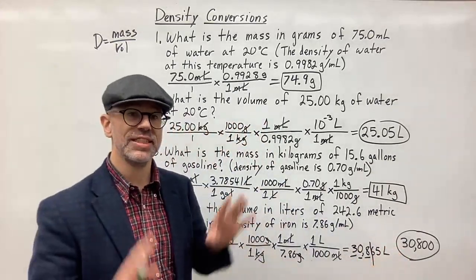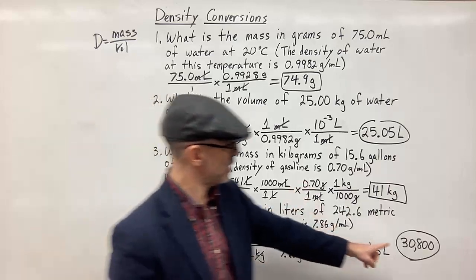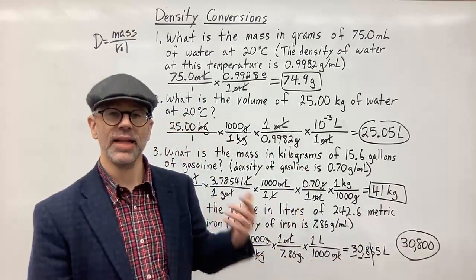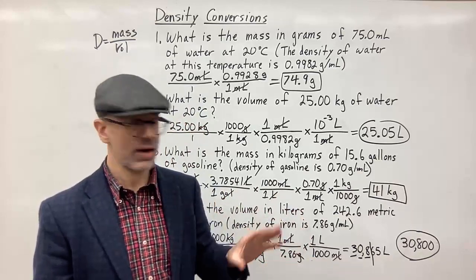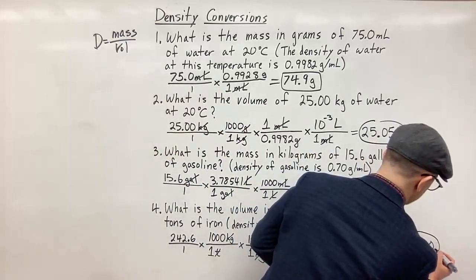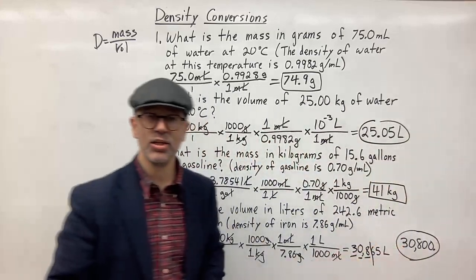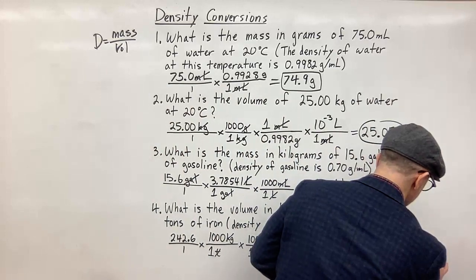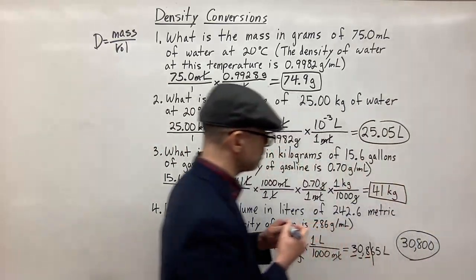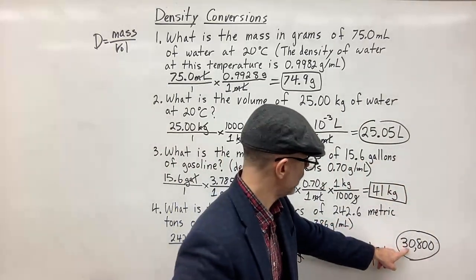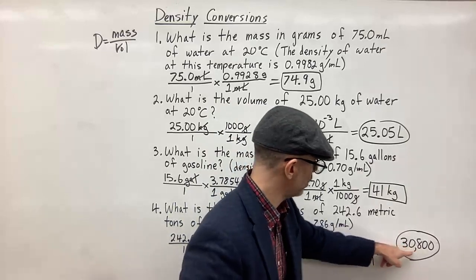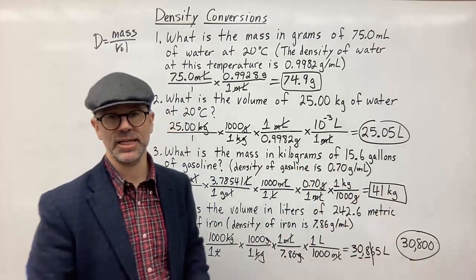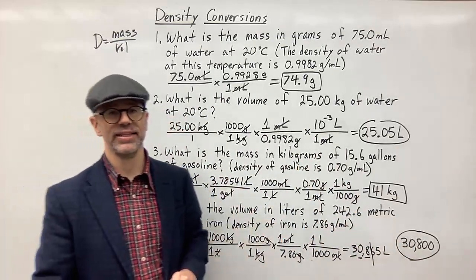And notice it's still 3 sig figs because the zeros at the end of the number do not count unless there's a decimal place. So you don't want to write a decimal place. If I put a decimal place there, I still have 5 sig figs, but we don't want the decimal place. So if I take away the decimal place, then the 3, the 0, the 8 are all significant, but these zeros are not significant. So we have 3 sig figs here. And so that's how you get that answer.